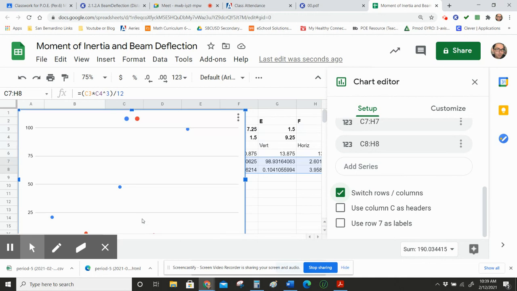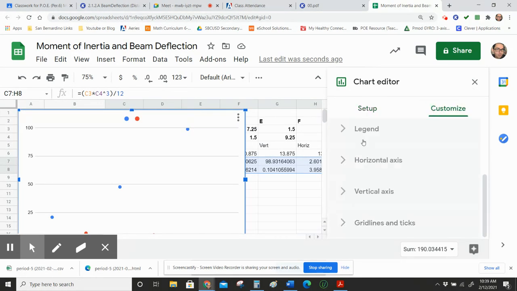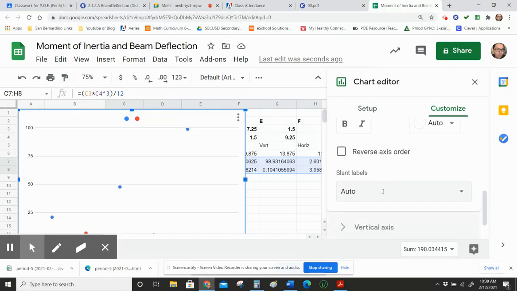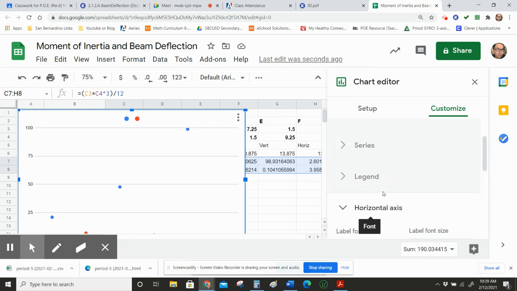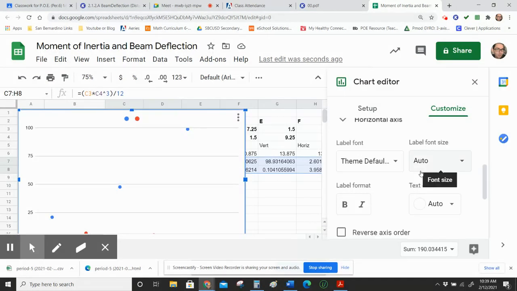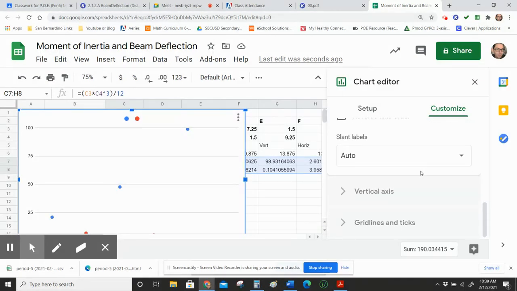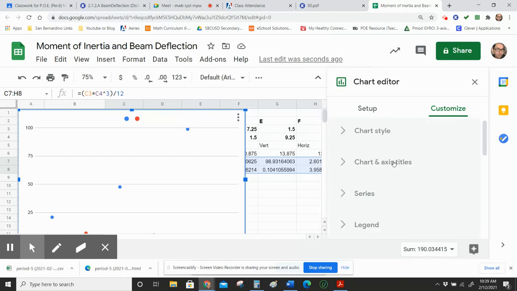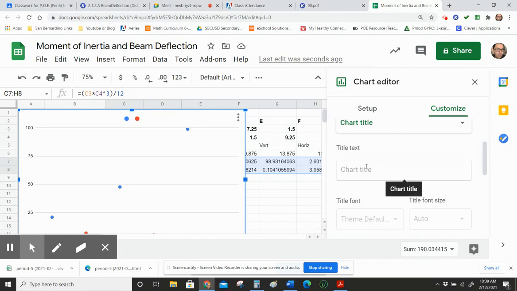Once you guys have this chart, basically just customize your chart, change the horizontal axis, label it moment of inertia. There we go, chart and axis titles. I'm like, oh my God, Excel, you're killing me.